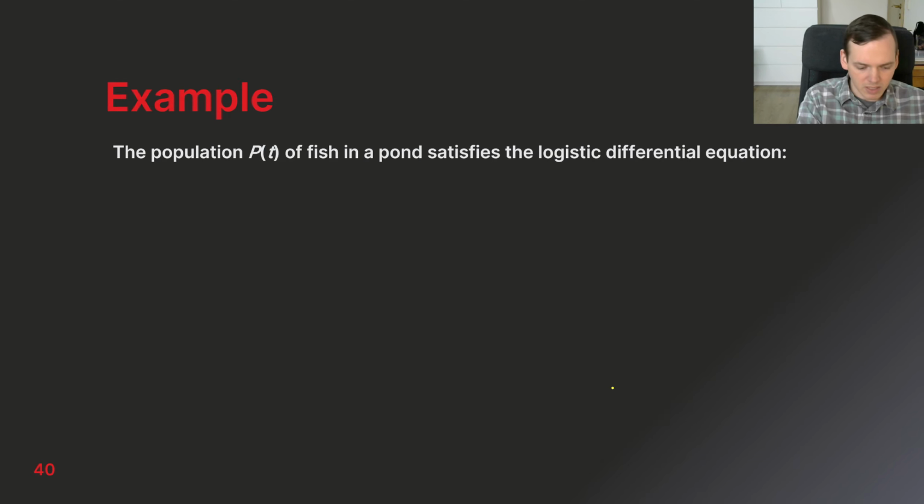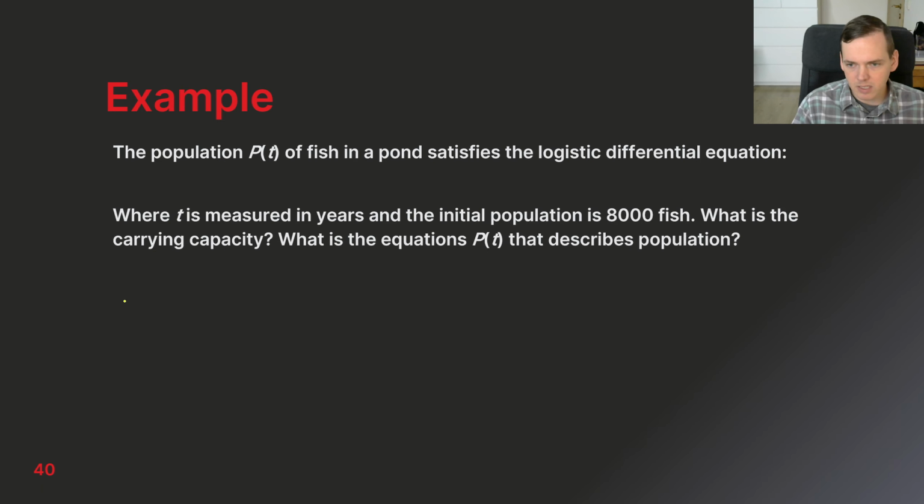So let's look at some examples. The population P(t) in a fish pond satisfies the logistic differential equation dP/dt is equal to P times (4 minus P over 6,000).